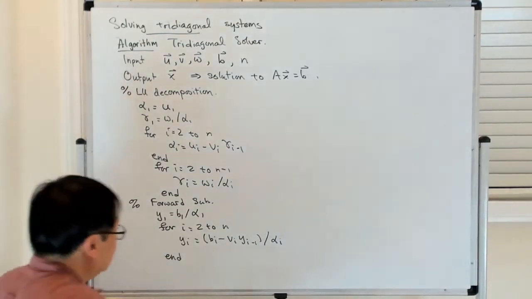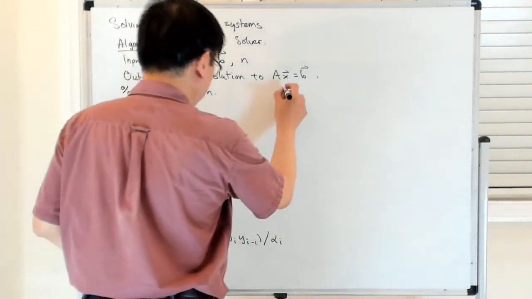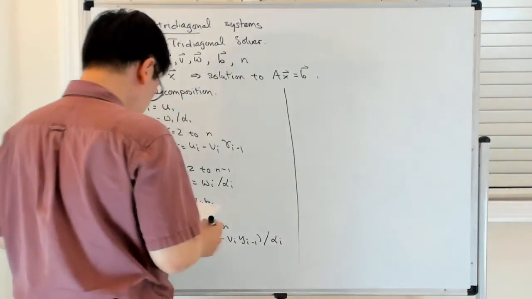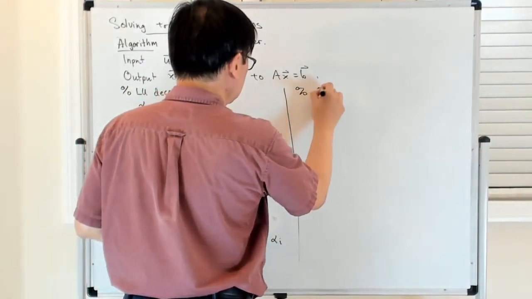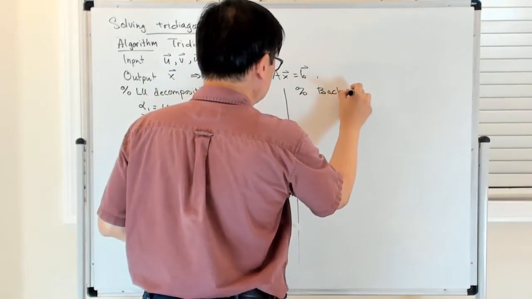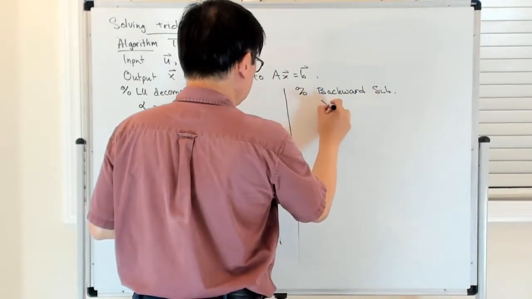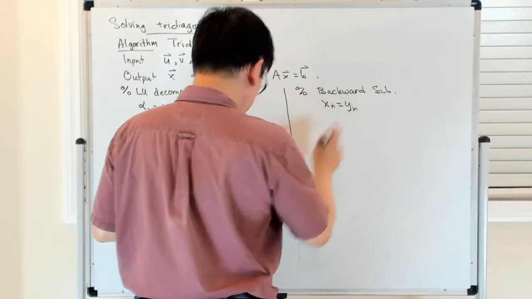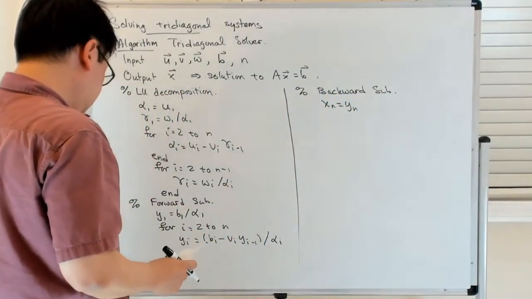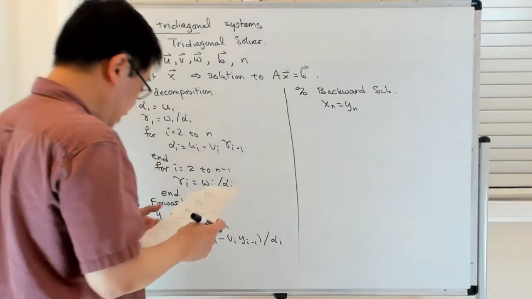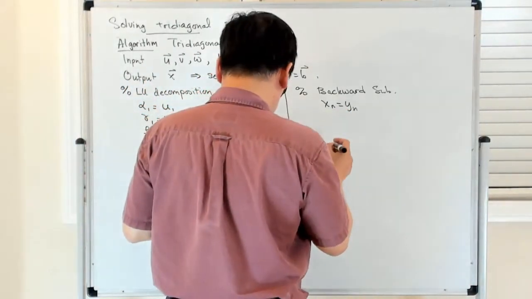Okay, and then there's one more step, which is the backward substitution. So xn is equal to yn, right, which is what we have from the expression I just wrote down.